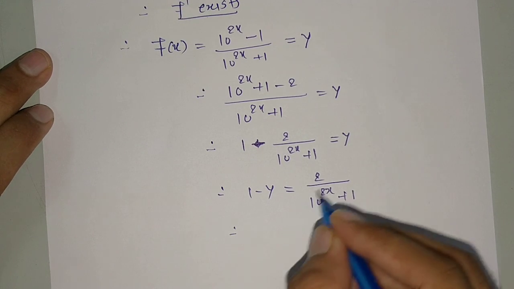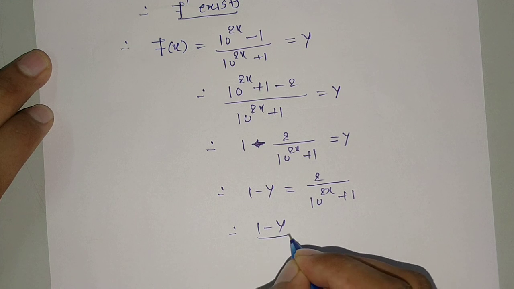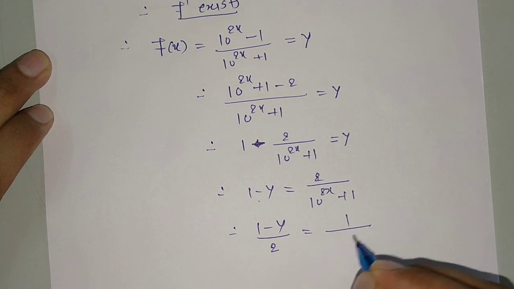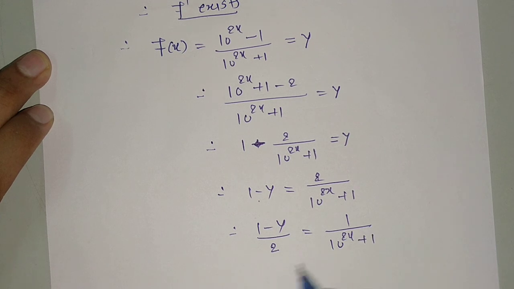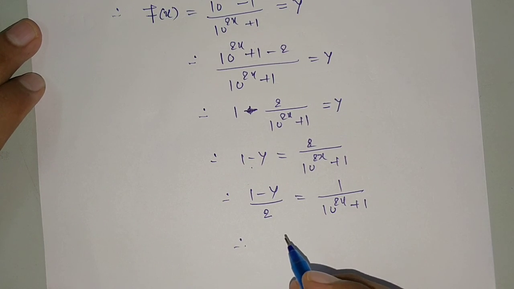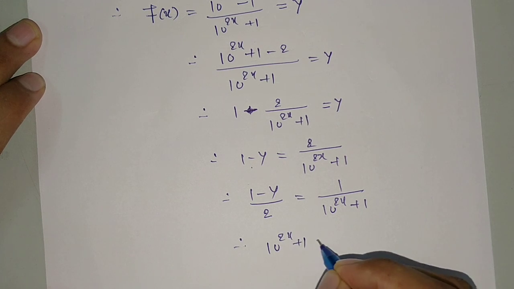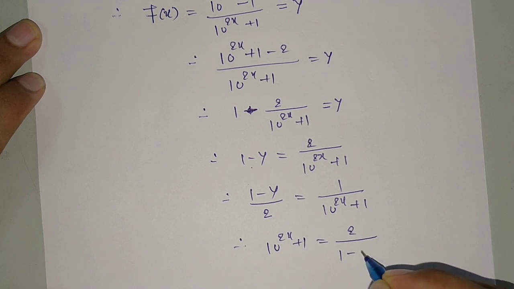Now taking 2 over from this side to that side, we'll get 1 upon 10 raised to 2x plus 1. Taking inverse on both sides, we'll get 10 raised to 2x plus 1 is equal to 2 upon 1 minus y.